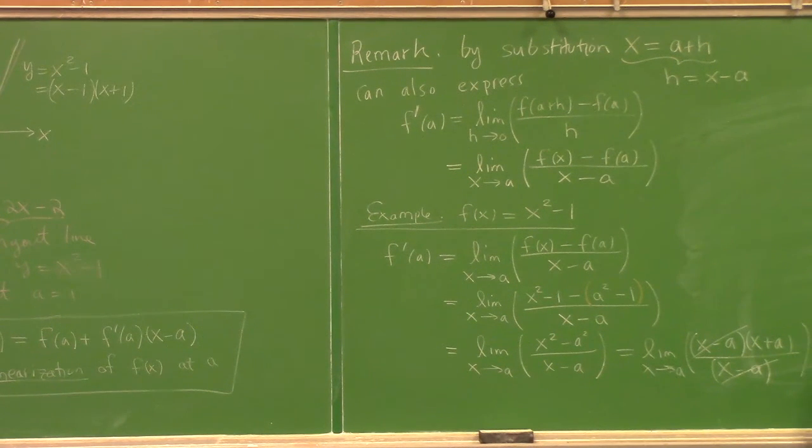Why not do it for every point rather than just one point? This too, plug in, so I get the limit as x goes to a of x plus a, which then, when we take the limit, we get a plus a, which is 2a.